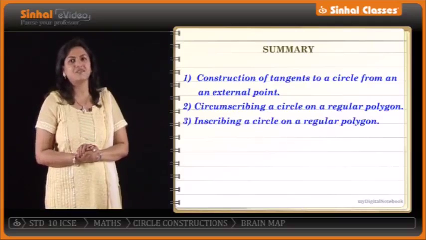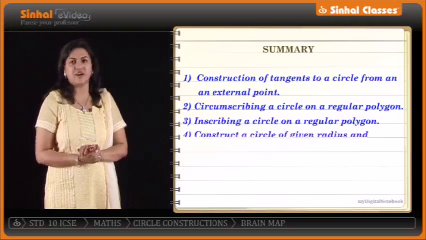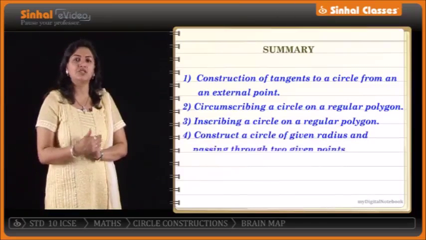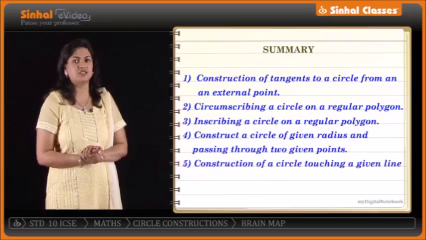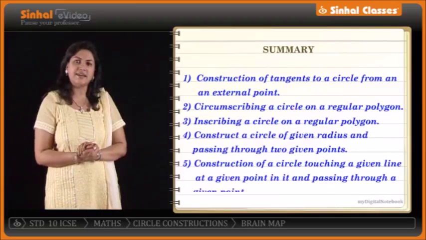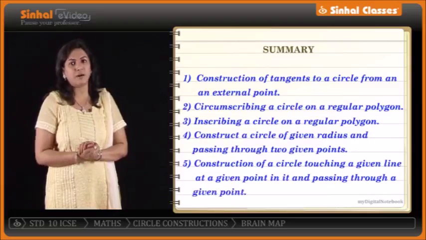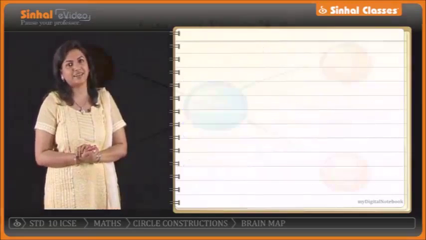Apart from this, we had seen how to construct a circle which is passing through two given points. Also, we had seen to draw a circle which is touching a line at a given point and also passing through another point. Now let's revise this at a glance.